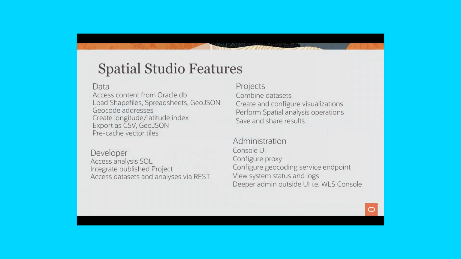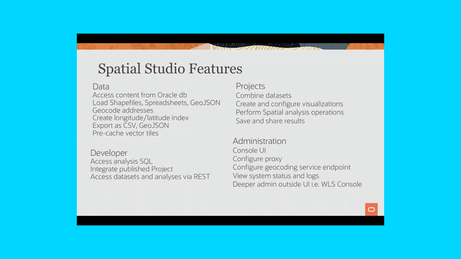So some of the basic features of the studio are these components called data. Data can be any table that has spatial content in the database, or you can also pull in external data sources like spreadsheets that have addresses, or JSON files or GeoJSON files that have geometry in them, and also shapefiles. Shapefile is a proprietary format, a very well-known format that is used for exchanging spatial data.